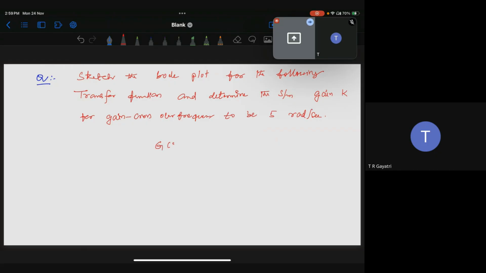The open loop transfer function is given as K s square divided by (1 plus 0.2 s) multiplied by (1 plus 0.02 s). This is our open loop transfer function.